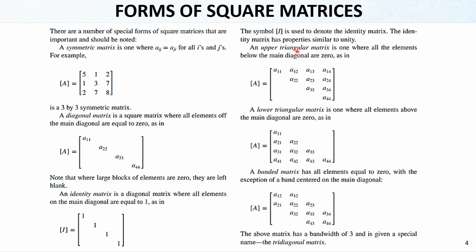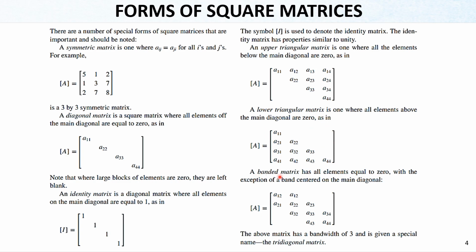And upper triangular matrix is important in our case because we will have this by the elimination approach. If we have terms above the diagonal only and the terms below it are 0, then it is called upper triangular matrix. If the terms above the diagonal are 0, but the terms below the diagonal are not 0, then this is called lower triangular matrix.